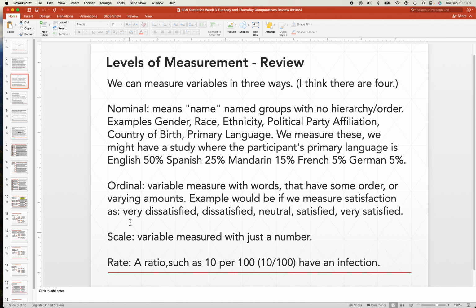For example, if a patient is in the hospital and they feel that they're kind of neutral, they're not really satisfied or dissatisfied with the care they're getting, and then one little minor thing happens, they press the call button and there's no response in 2 minutes, they might suddenly become very dissatisfied.